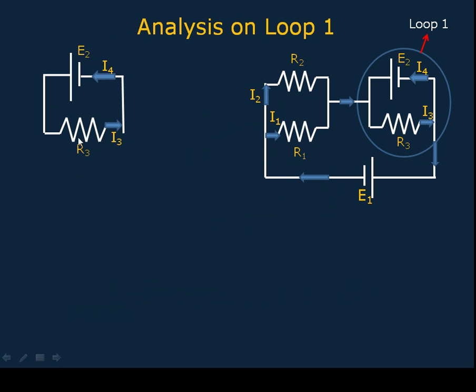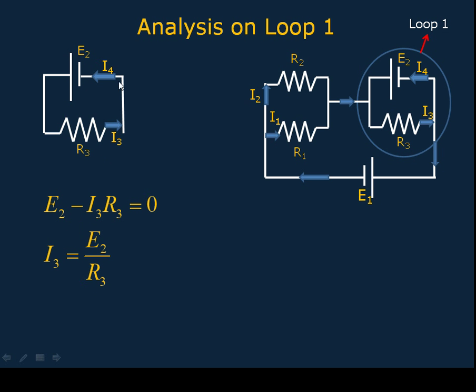It has just two elements, the resistor and the battery, and we can readily write down the voltage balance equation. So as we go from there to there, we gain a voltage E2, and then as we go from there to there across the resistor, we lose the potential drop I3 R3. The sum of that has to be equal to 0.